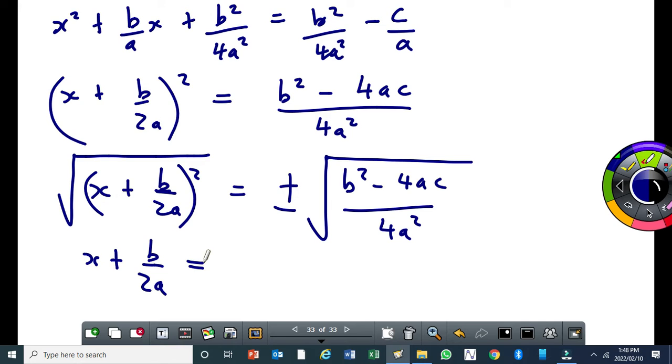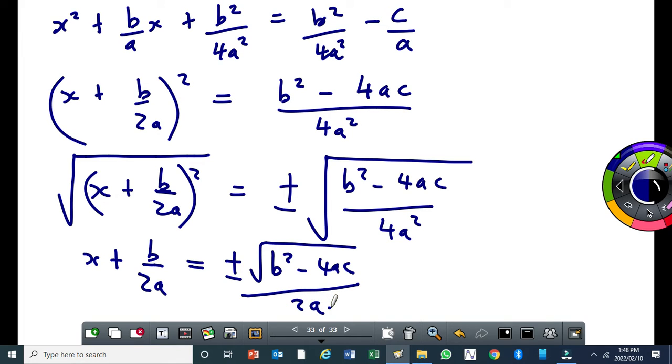So I can rewrite that using the division law of surds. I can write this as plus or minus the square root of b squared minus 4ac all over 2a. Okay? Because the denominator is a perfect square, if I find its square root, it's going to be 2a.